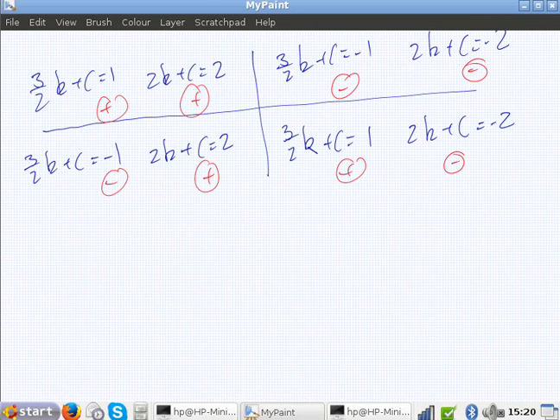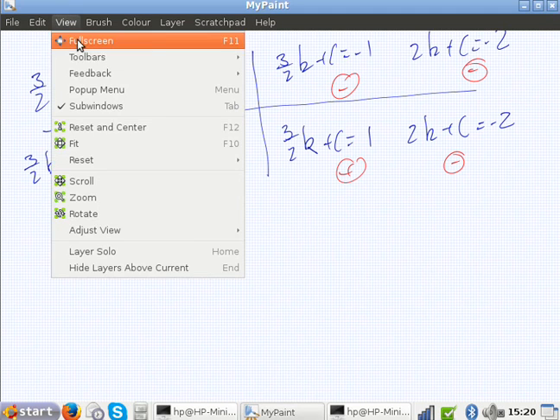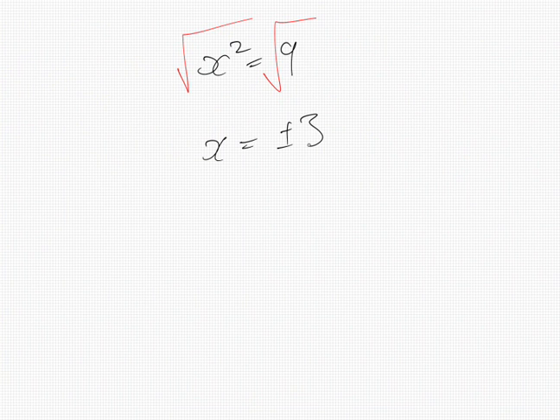Rather than solving it by hand, we'll just get the program to solve it. So while that's loading, let me just be very clear here. If I write x squared equals 9 and put a square root on both sides, then we say x equals plus or minus 3.